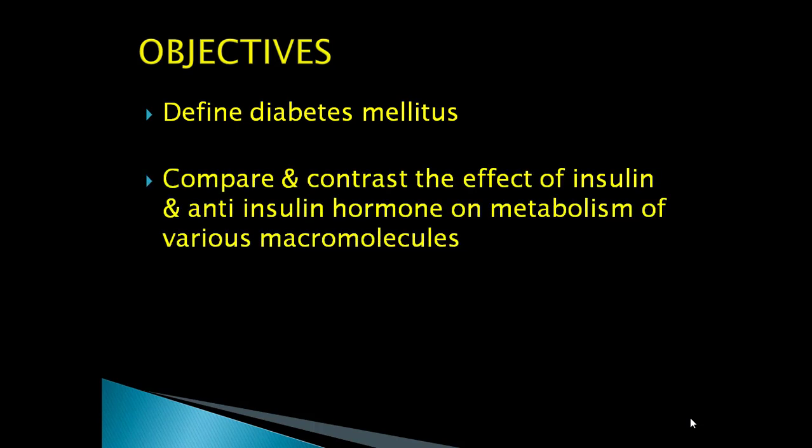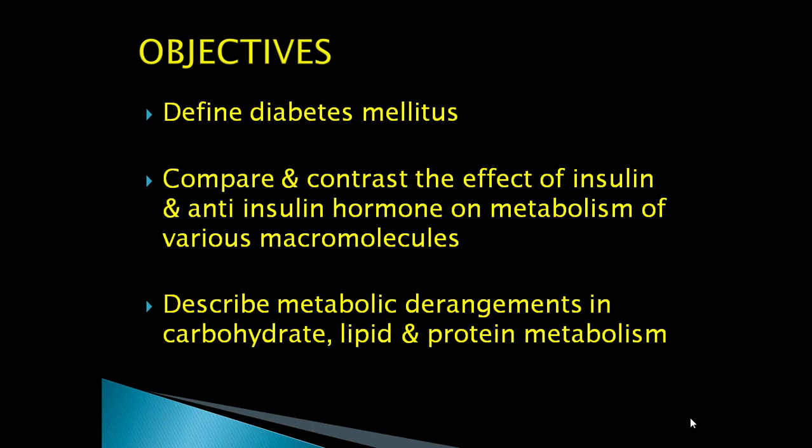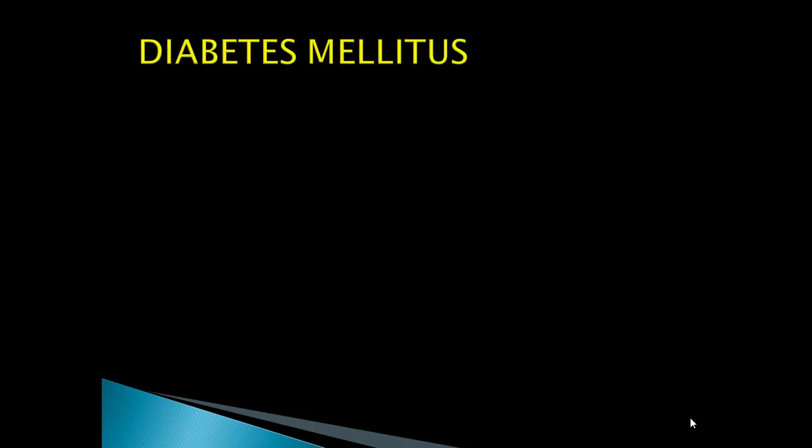At the end of the lecture, students must be able to define what is diabetes mellitus, compare and contrast the effect of insulin and anti-insulin hormone on metabolism of various macromolecules like carbohydrate, lipid and protein, and describe the metabolic derangements in these macromolecules. So these are the objectives under which we will learn today's topic.